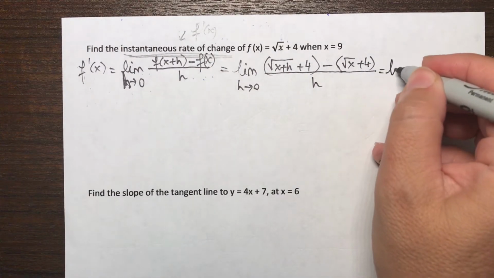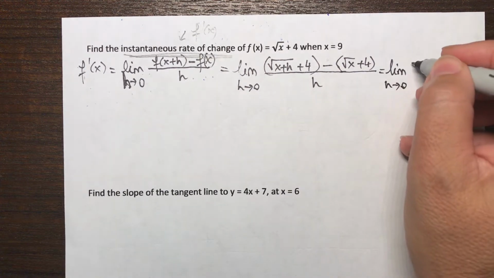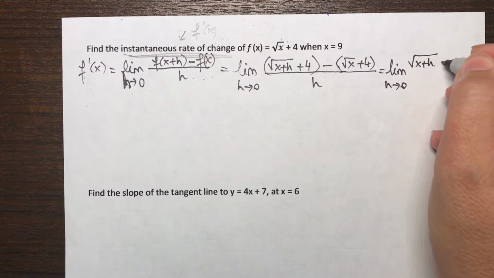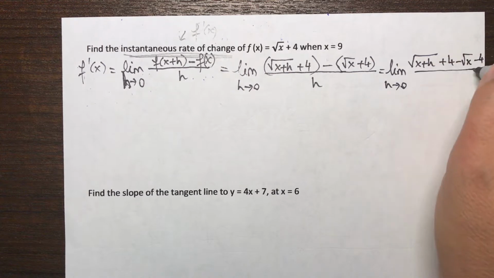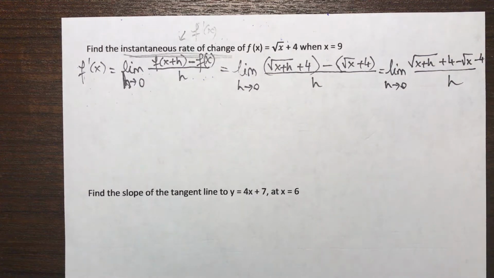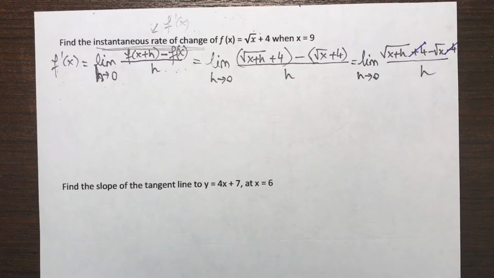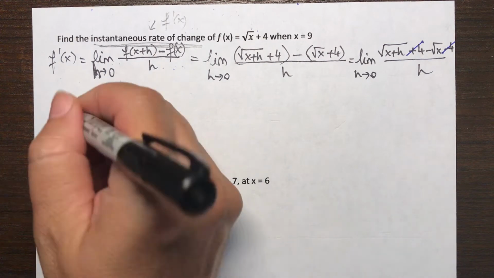Now, sure enough, one thing I can do is those 4's are going to go away, right? So the plus 4 from here and the minus 4 from here, these are gone. Okay. All right. So this is what I am left with.